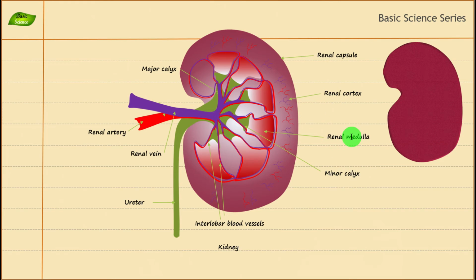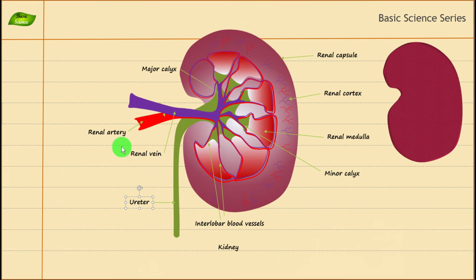You have renal medulla, which is the inner part of the kidney, and we'll discuss its function in our upcoming videos, where we'll have the structures that are there. What are the different structures that are there in medulla and in the cortex? It's very interesting. And then you have major and minor calyx that are basically collecting the urine, and which is ultimately constructing this ureter. And the role of ureter is to transfer the urine from the kidney to the bladder.